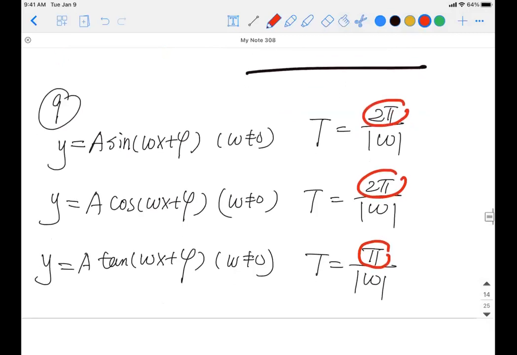In our previous example, we gave you sine x and cosine x, aka omega equals 1. So sine has period 2 pi with omega equals 1, cosine x is 2 pi, tangent x is pi, right? But generally speaking, if there's a coefficient for sine, cosine, or tangent, you would be able to have something a little bit flowery, but I think this is very understandable.